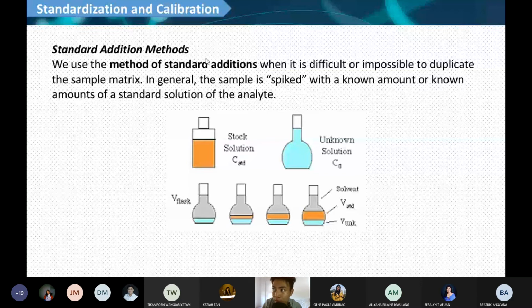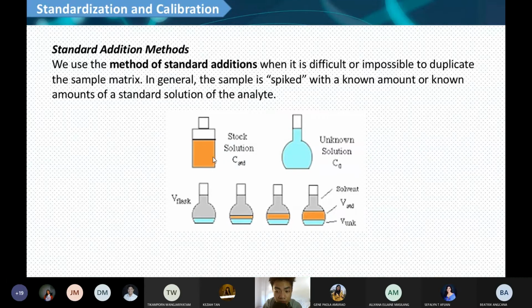When doing the standard addition method, the first thing you're going to do is get your unknown solution. Get your analyte solution, obtain the reading from that, and then later on, you will add a standard to your unknown solution. A standard is a solution with known concentration, right?